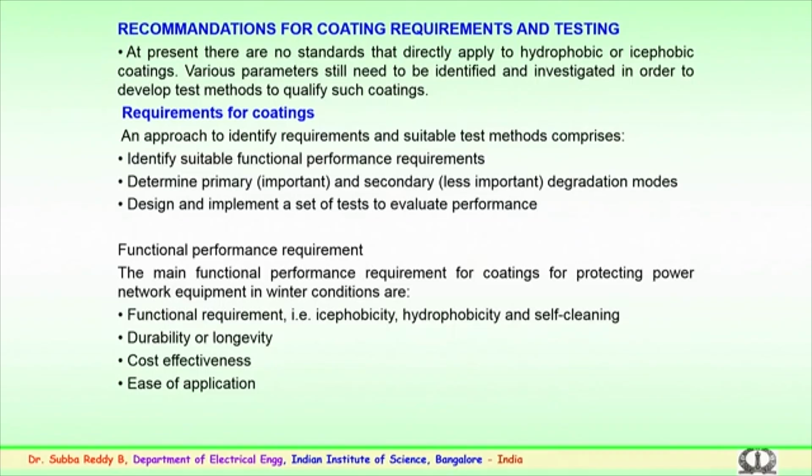The functional performance requirement could be the main requirement for coatings for protecting power network equipment in winter conditions. The functional requirements are isophobicity, the repellent action against ice formation on the surface; hydrophobicity, that is water droplets should not form on the surface of the insulator or the conductor; and a self-cleaning mechanism, where the droplets or the contaminants which are spread are able to clean up on their own.